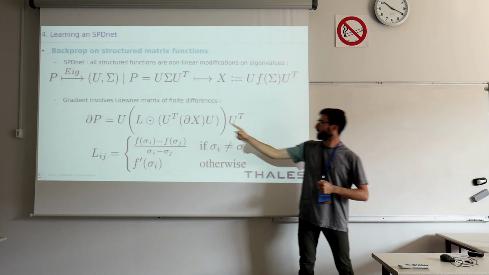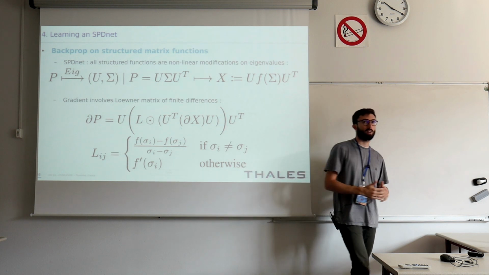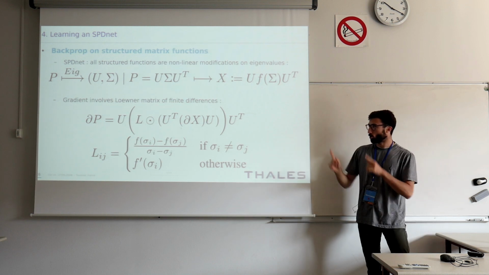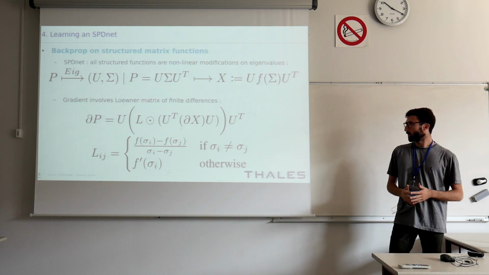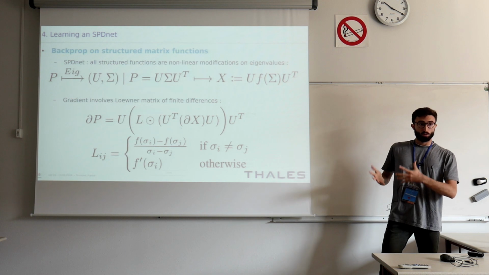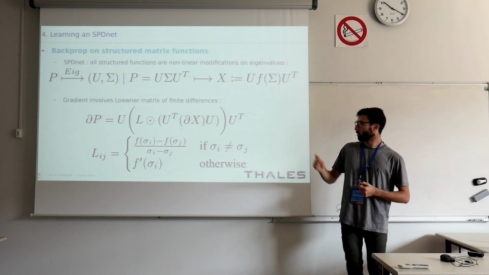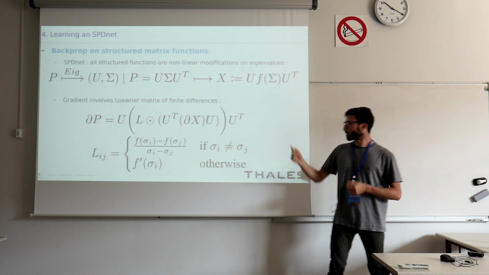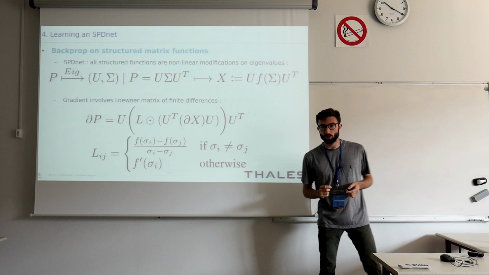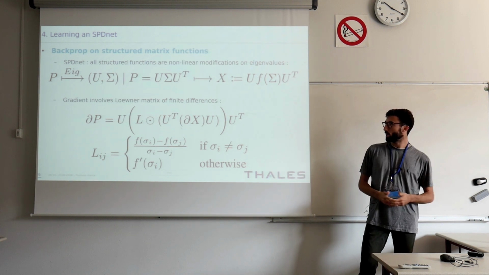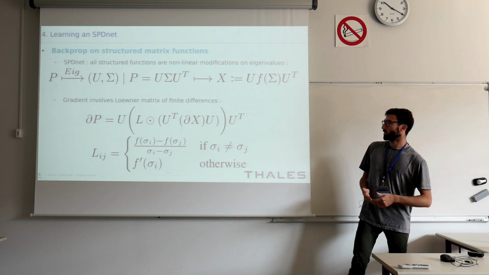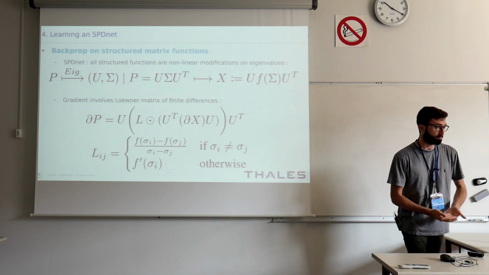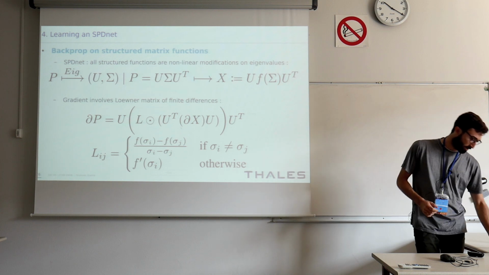So the input is dx, the gradient of x with respect to the loss function of the network, and our output is dp, the gradient of p. The formula for this chain rule involves U, the eigenspace of P, and dx, of course, and the matrix L, which is called the Loewner matrix, or matrix of finite differences, which involves function f and its derivatives, basically. So this solves our first problem, so that's very good.